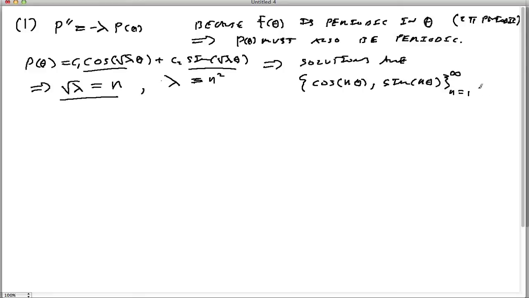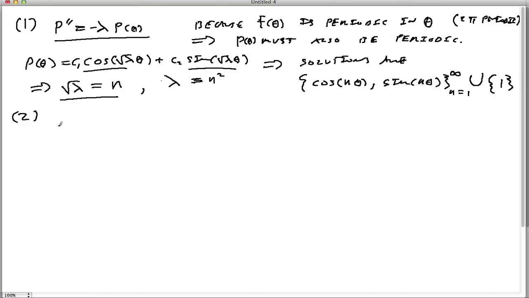But there's one more solution. It's going to be union the solution of just 1. That is also a solution here, right? That will be a periodic function as well. So we have both of those. All right, so that's nice. Now let's go on to the other side of the equation. That was a little bit more complicated.